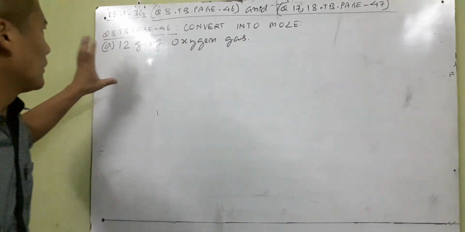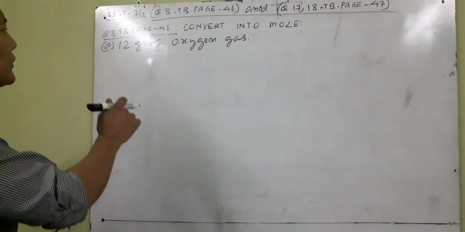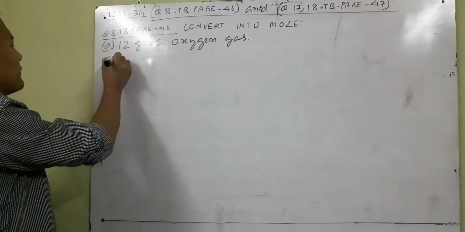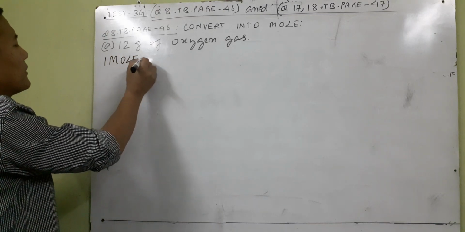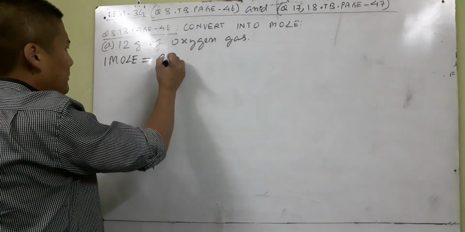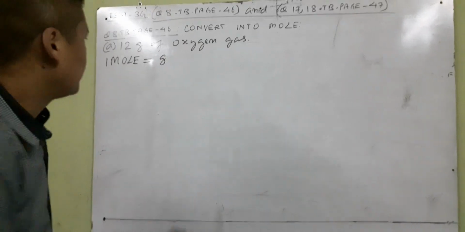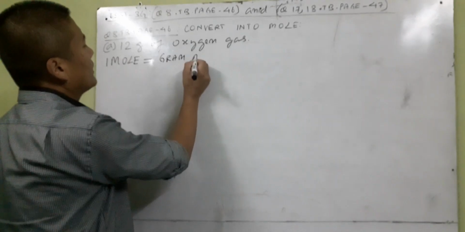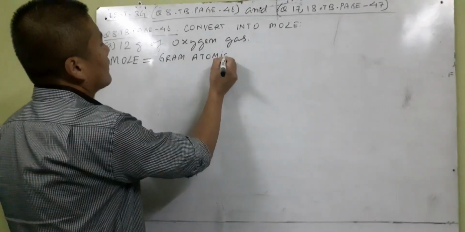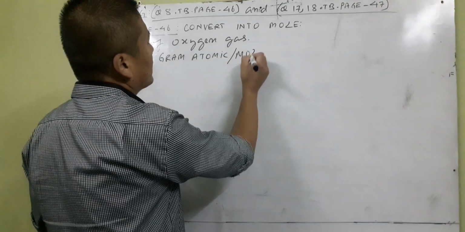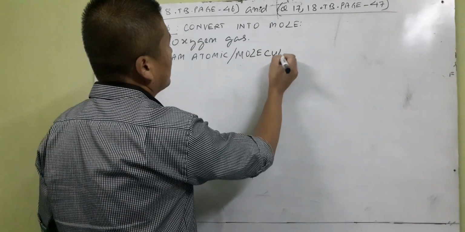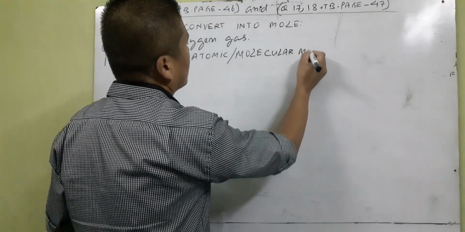Before we proceed, we have to remember this general formula, so let us remind ourselves here. 1 mole is equal to the gram atomic mass if it is an atom, or the gram molecular mass if it is a molecule.